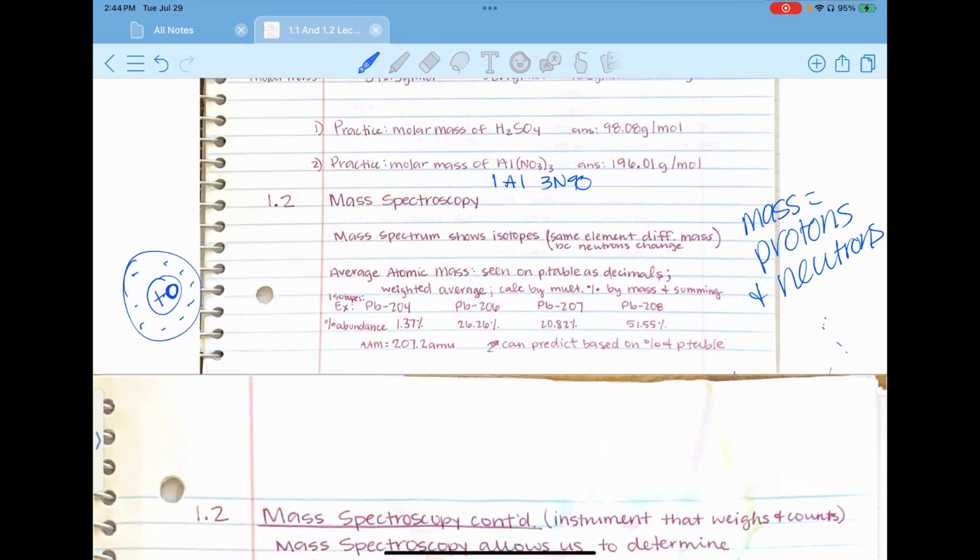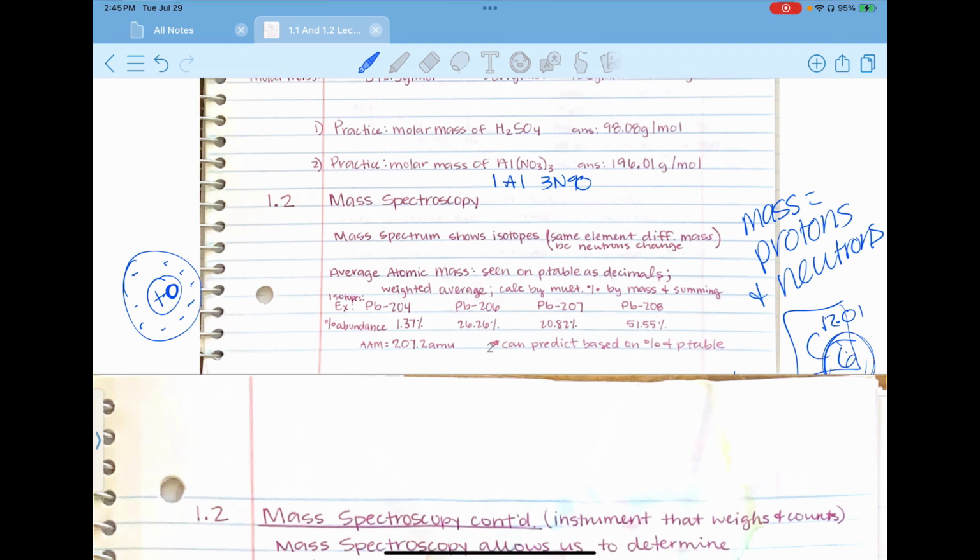So that means we're able to figure out the number of neutrons based on the proton number. The atomic number you see, which is the whole number in each box on the periodic table for carbon, for example, 12.01, and then we have a 6, right? That 6 is how many protons carbon has. Protons never change, right?